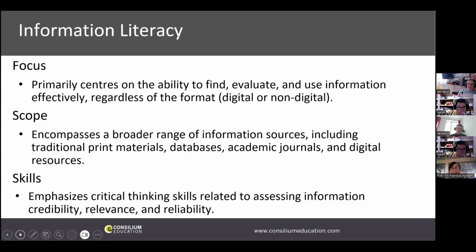With information literacy, the skills emphasizes critical thinking skills related to assessing information's credibility, relevance, and reliability.